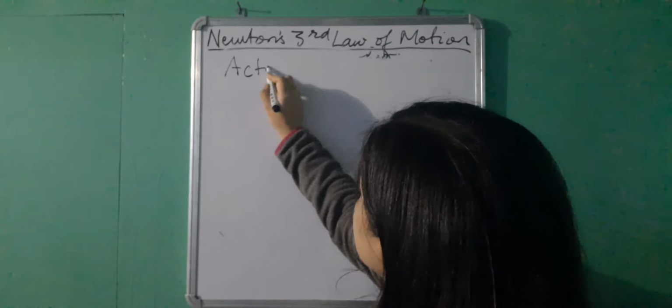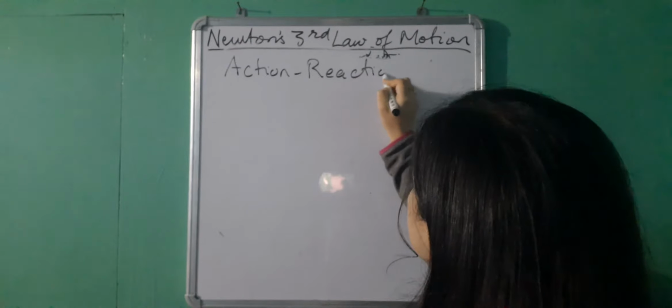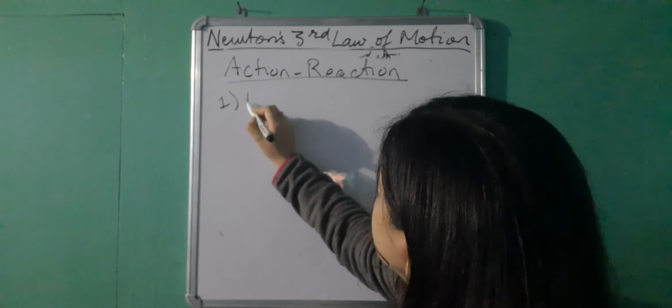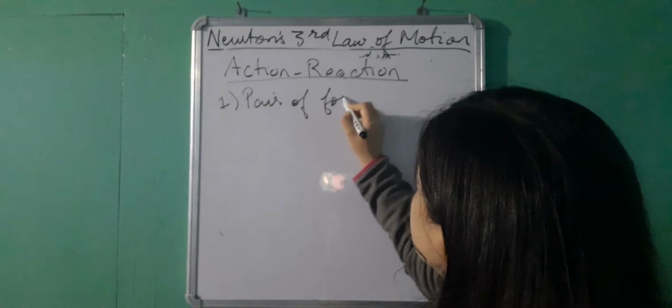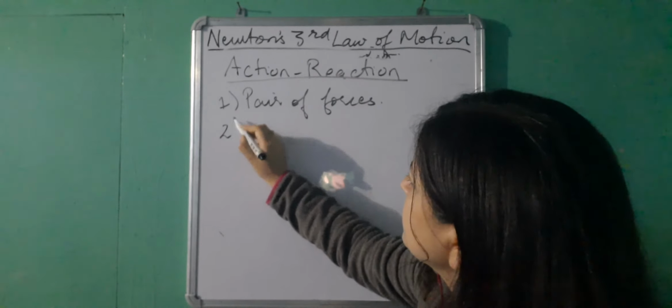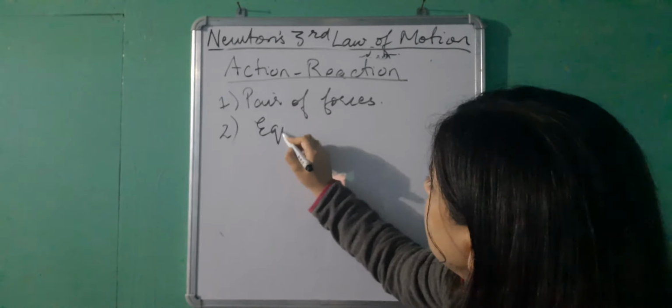So action and reaction, what are they? Firstly, they are a pair of forces, they always come in pairs. Secondly, they are equal.